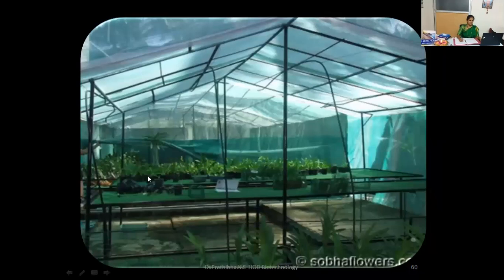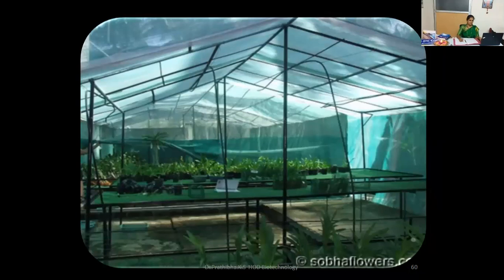Here you can see the greenhouse condition. A greenhouse or a net house is required only in cases where the in vitro regenerated plants are transferred from lab to land. In the initial phases of establishment of the cultures, this facility is not at all required. In vitro-derived plants need to be gradually hardened to field conditions.